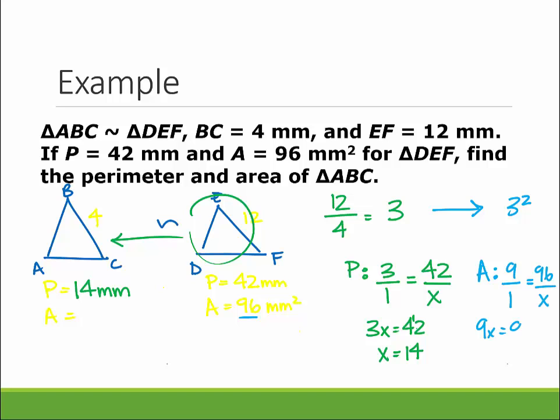So 9x equals 96. 9 goes into 9 once, and it goes into 6 no times, but then there is some leftovers. So we end up with the area being 10.67 millimeters squared. So when you get a problem like this, make sure you draw yourself a picture. It'll make your life a lot easier.